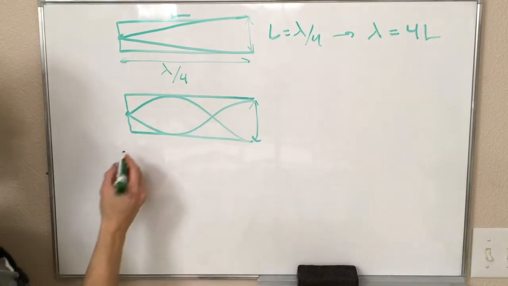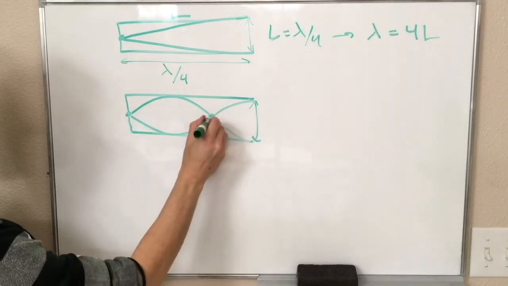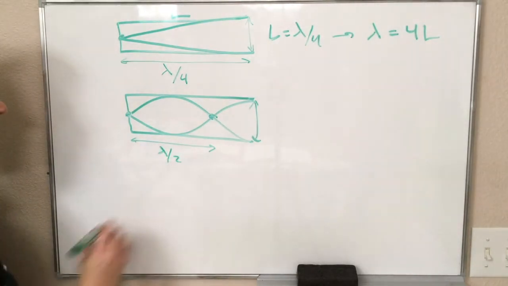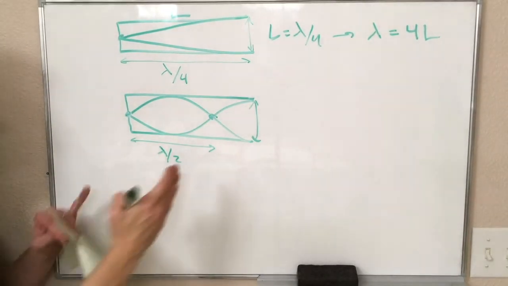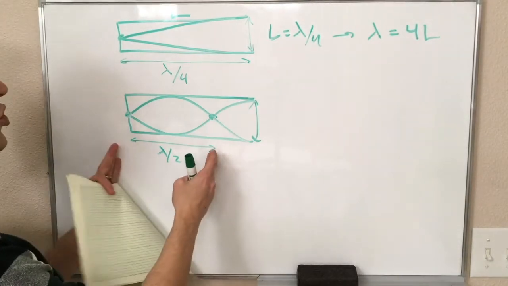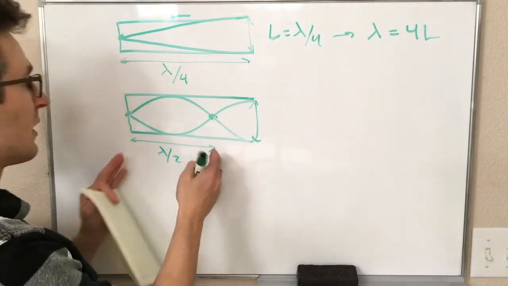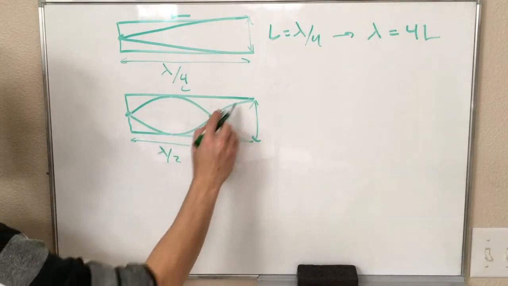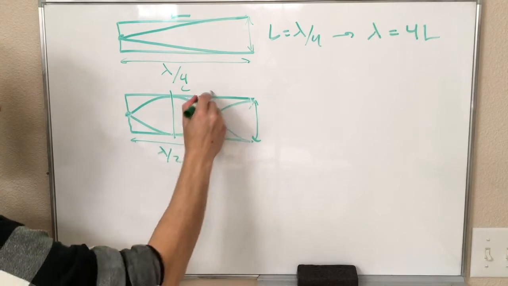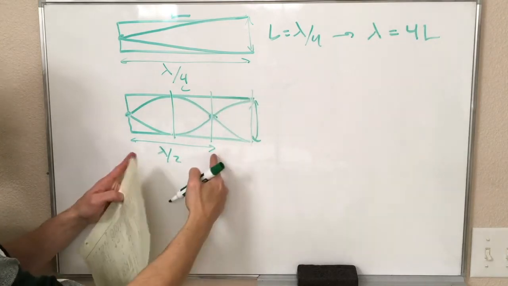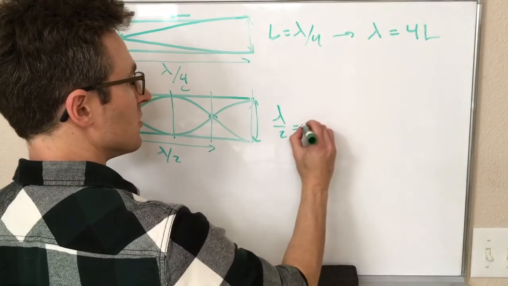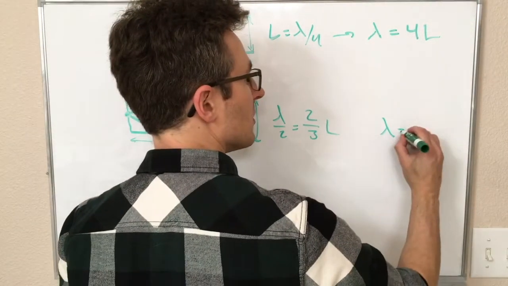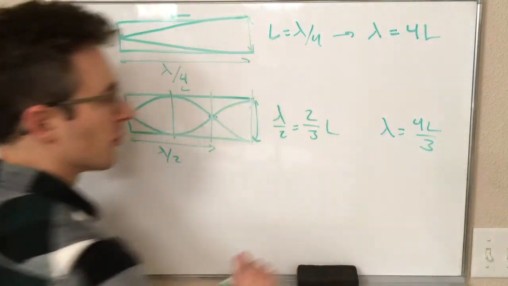Now if we think about our distances, the distance between the two nodes, using our usual rule, is still lambda over 2, and now this distance is 2/3 of our length L, right? So if we take this length L and split it into 1, 2, 3 equal pieces, this is 2/3 of those. So lambda over 2 is equal to 2/3 of L, which means lambda is equal to 4L over 3.